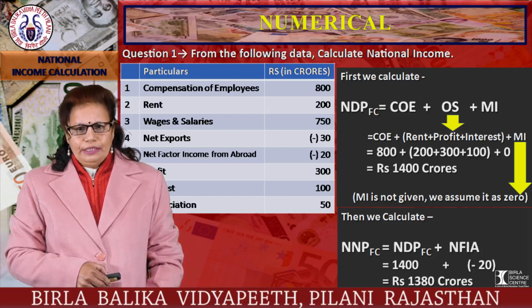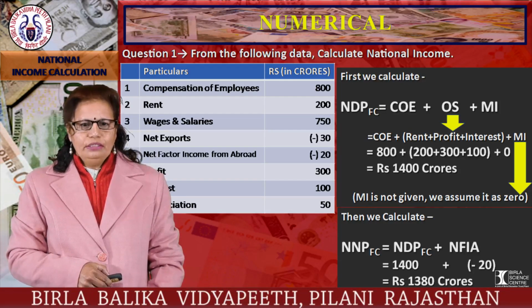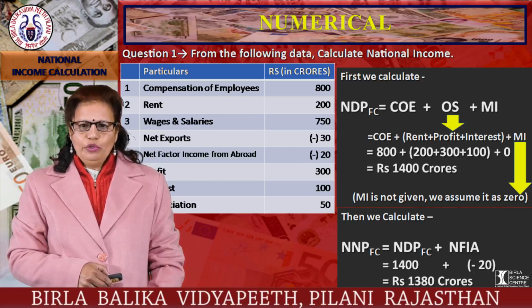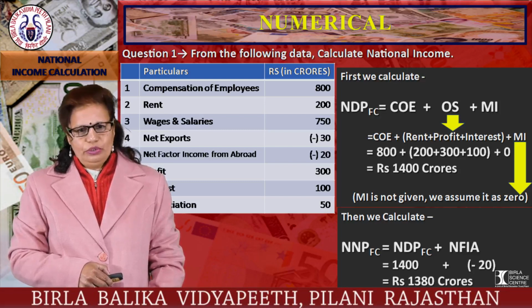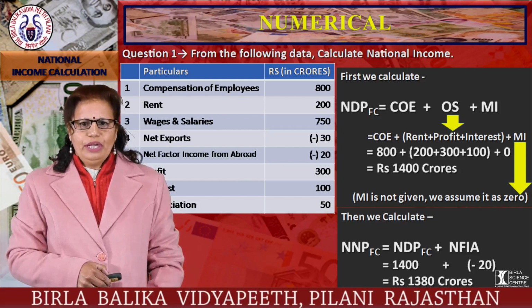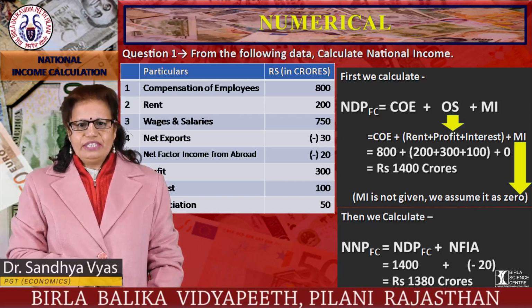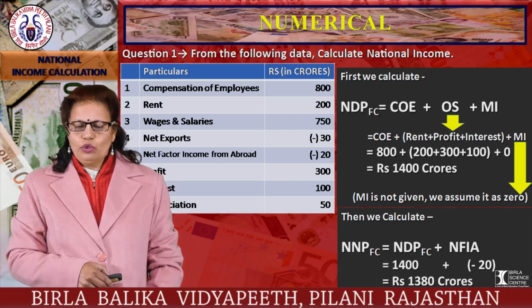Now you see in the numerical that mixed income is not given. So in place of that, you can put 0. Now you need to calculate national income because in the numerical national income is being asked. So NDP at factor cost plus NFIA, that is 1400 minus 20. The value is given in minus. So you have to deduct and you get rupees 1380 crores.